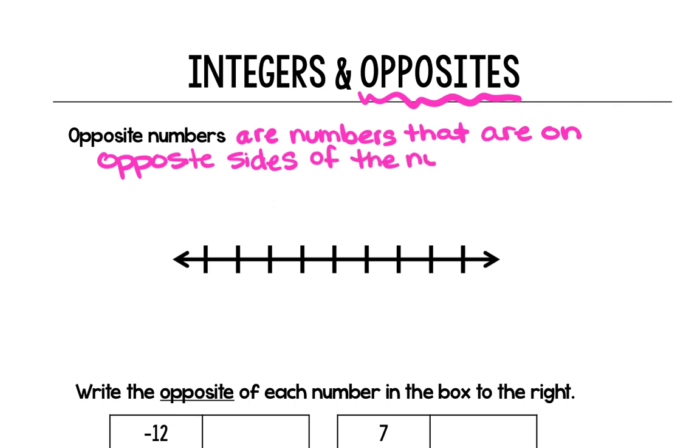You can think of 0 as being the mirror. You can write that down. Mirror. They're the mirror image if 0 was the mirror.